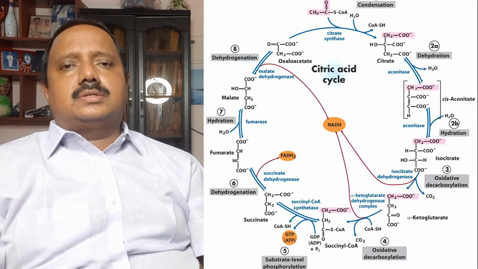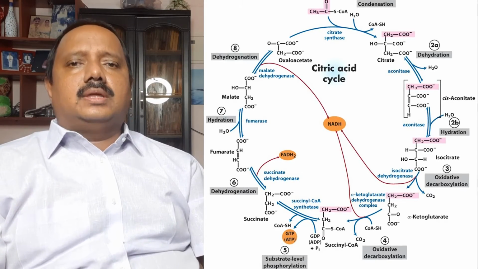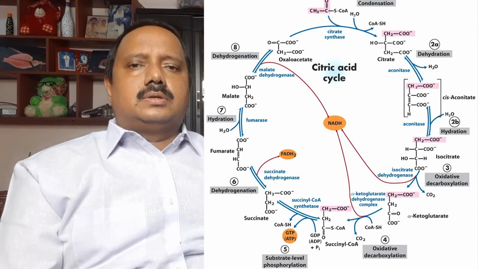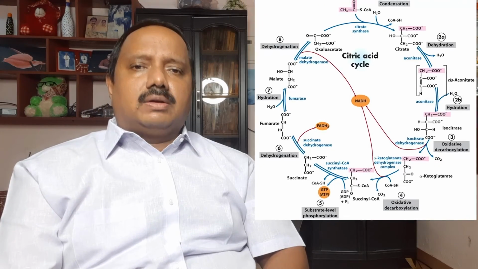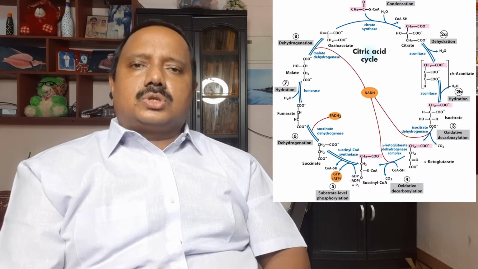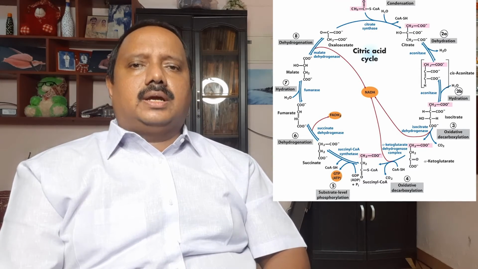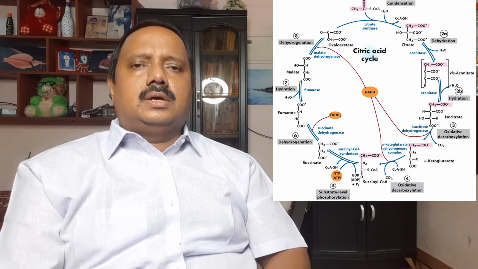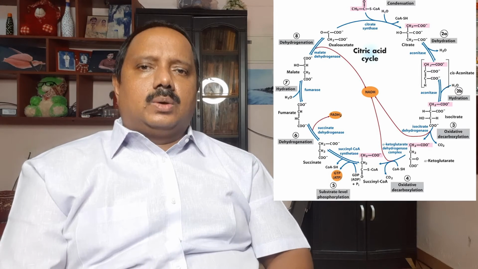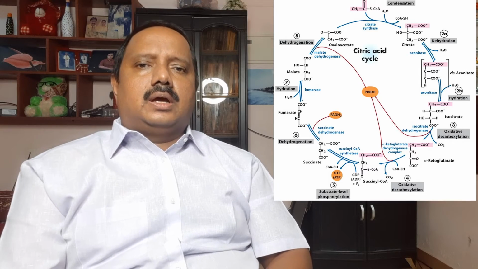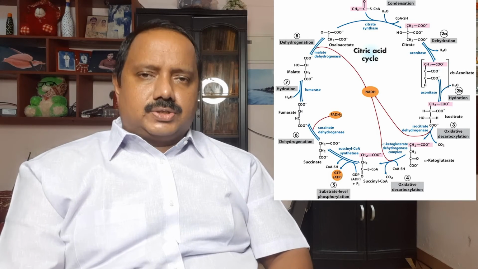This isocitric acid undergoes decarboxylation, thus alpha ketoglutaric acid, which is a 5-carbon compound, is formed. So the formation of alpha ketoglutaric acid from isocitric acid is an oxidative decarboxylation process where oxidation and decarboxylation take place.